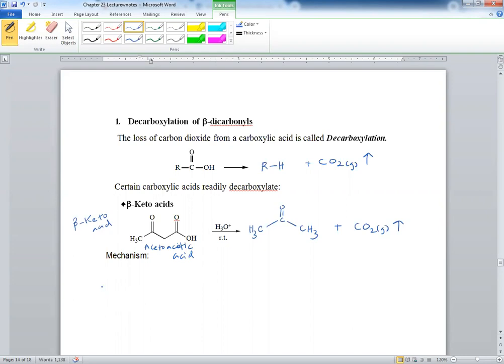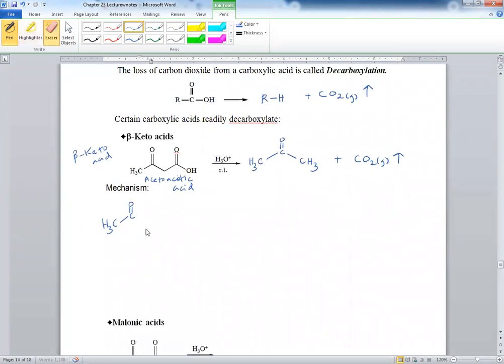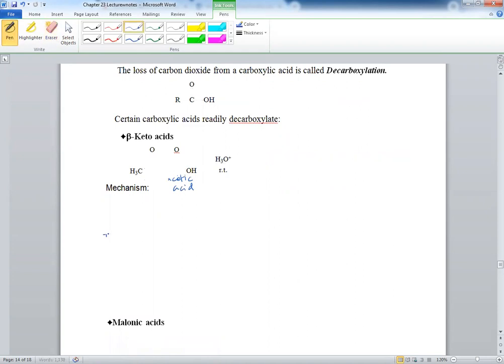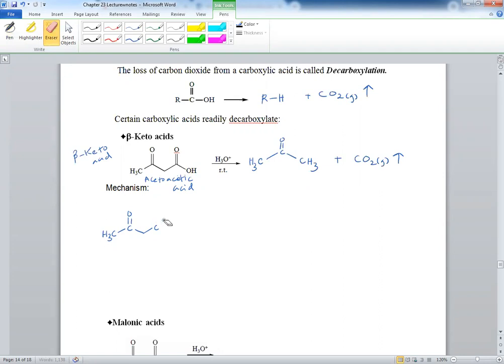And the mechanism is the following. Let me redraw this because we need to show that exactly. Okay, so we're going to do a switch here.